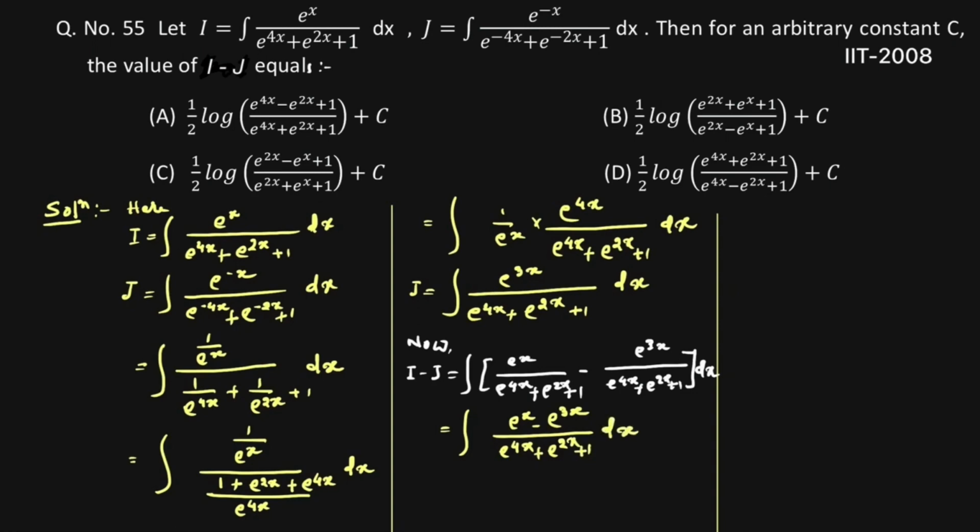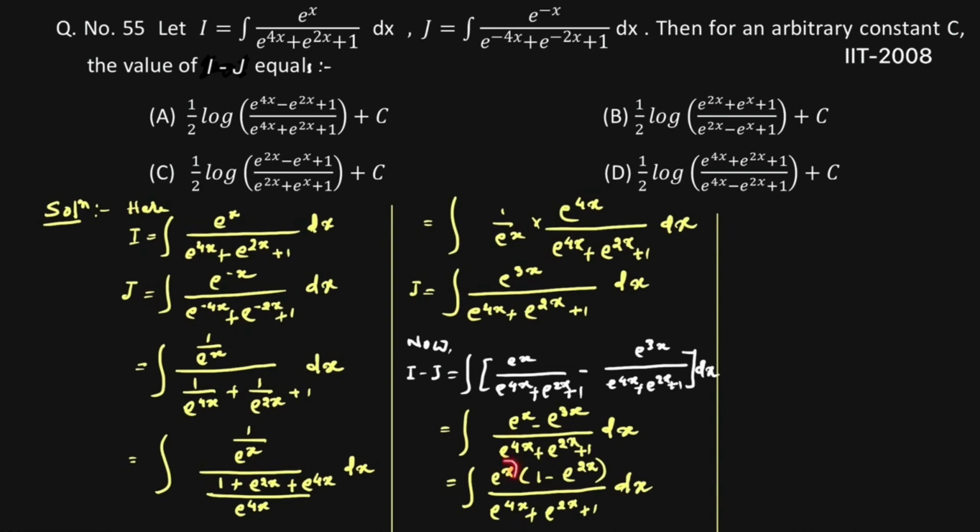After that, we are taking e to power x common from these two terms, then we will get integration of e to power x into 1 minus e to power 2x divided by e to power 4x plus e to power 2x plus 1 dx.